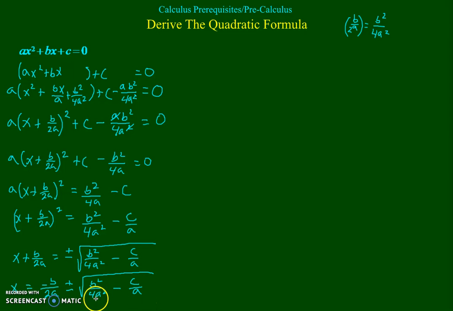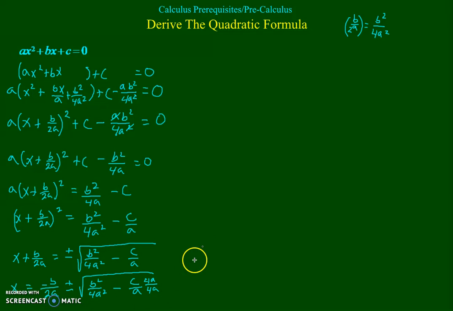Now I'm going to need to combine these two fractions, and I'm going to do it an easy way. I'm just going to make this denominator the same as this one, and to do that I'm going to multiply numerator and denominator by 4a. Multiplying by 4a over 4a is a form of 1, and that gives me 4a squared, so these denominators will be the same.